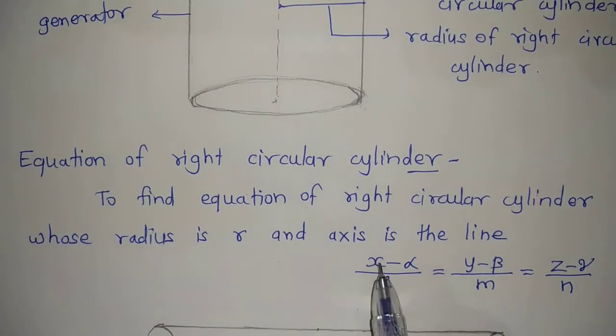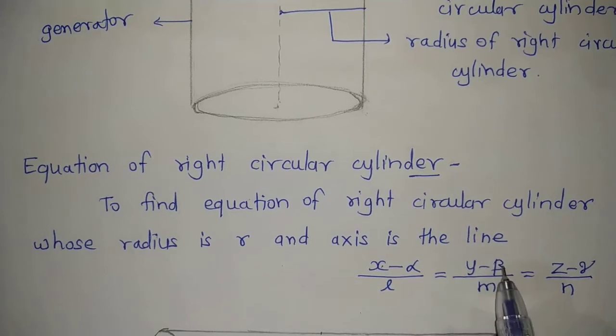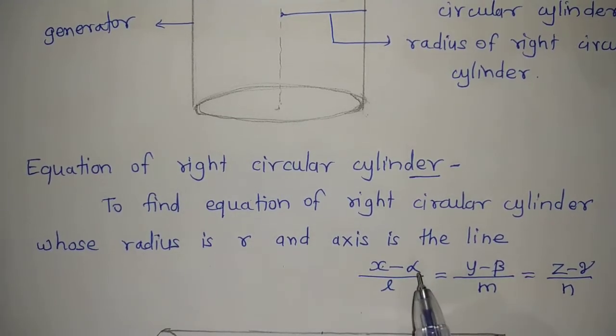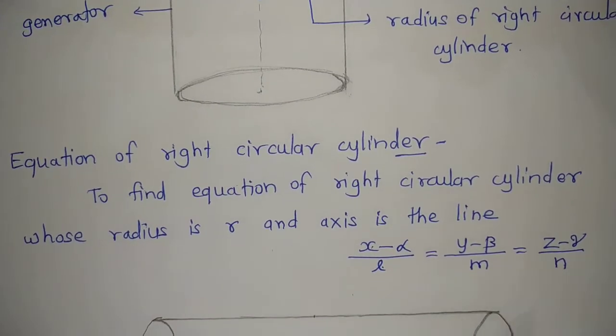What is the description of this line? It is the line which passes through alpha, beta and gamma and has direction ratios L, M, N.